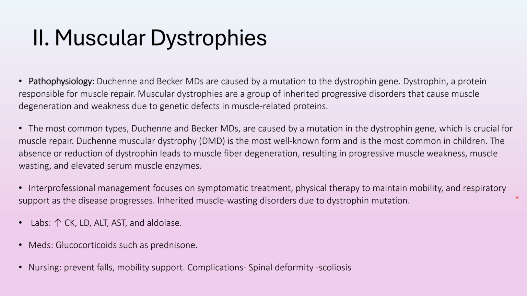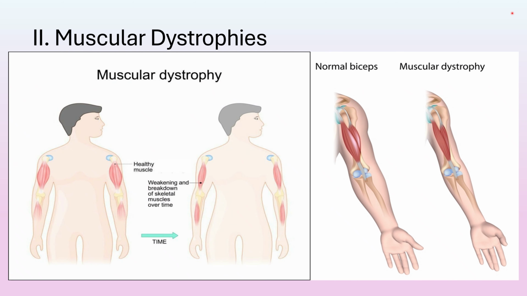So here it's prevent falls, mobility support, complications, spinal deformity. Later on we talk about scoliosis as well. So let's go for some pictures. We need to provide supportive services, and genetic causal information is medically recommended.